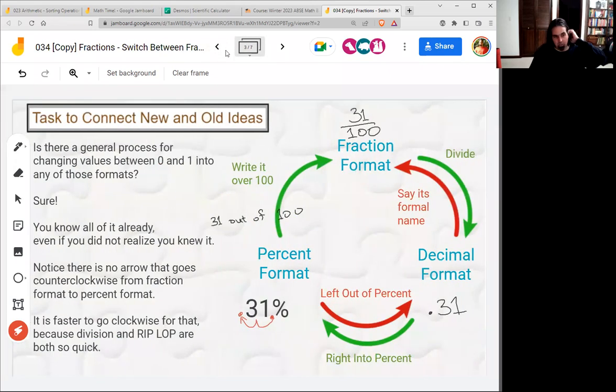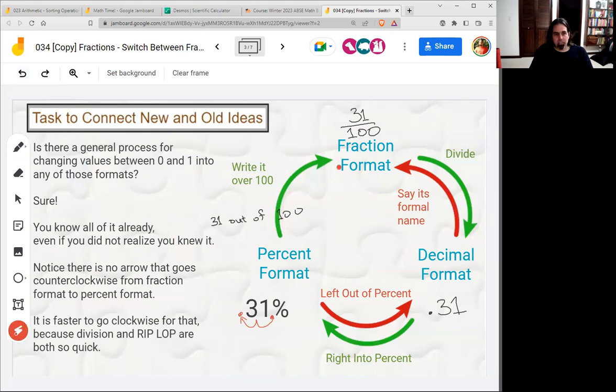Backing up a slide, notice that there's no red arrow in one part. Why not? There is a way to go directly from fraction to percent, but it is bulky and slow and unwieldy.